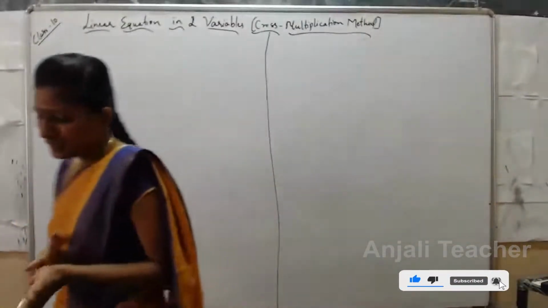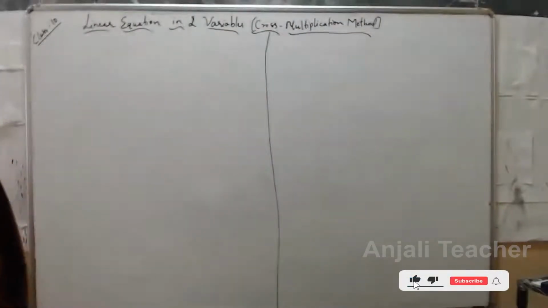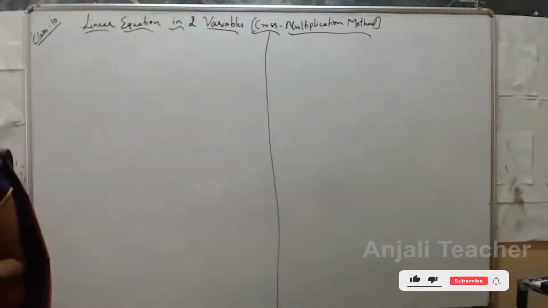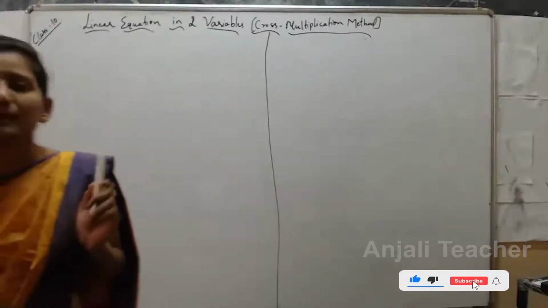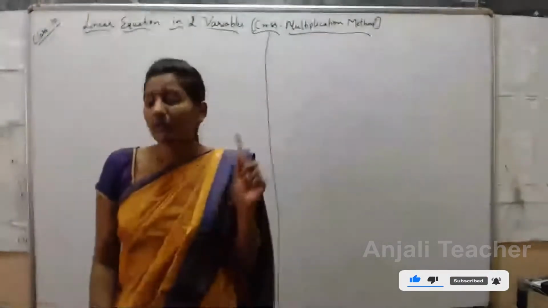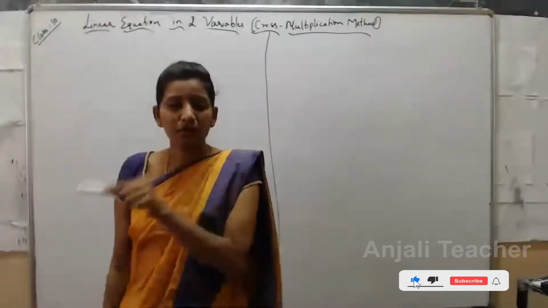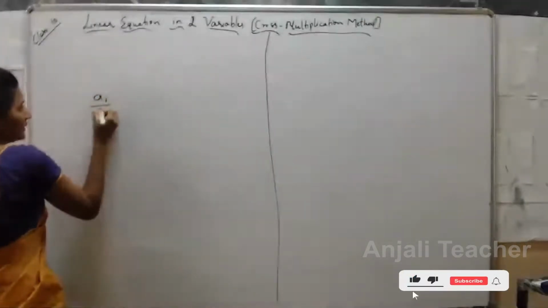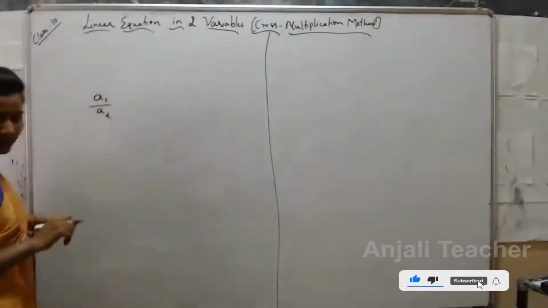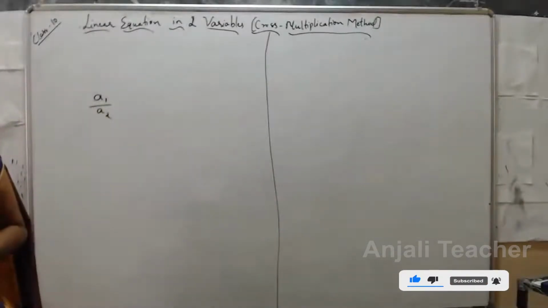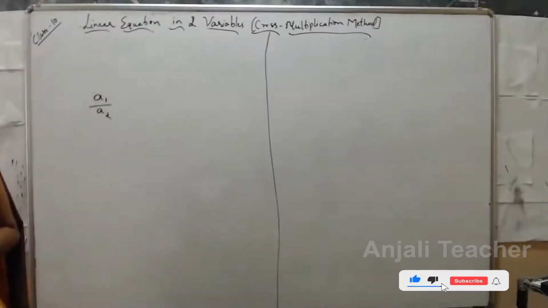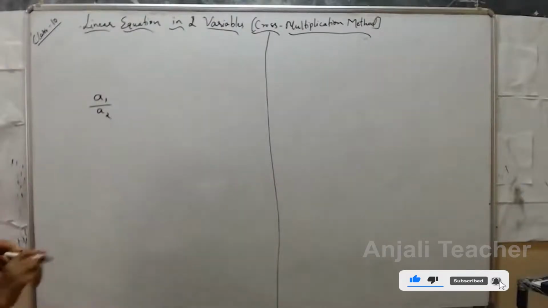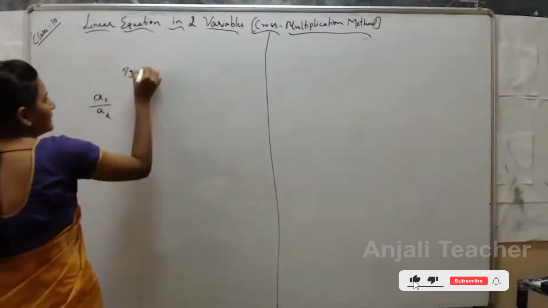See, cross multiplication method. I am reminding you of 3 things which are useful in solving the exercise. You have already learned this, and there is a table on page number 71.